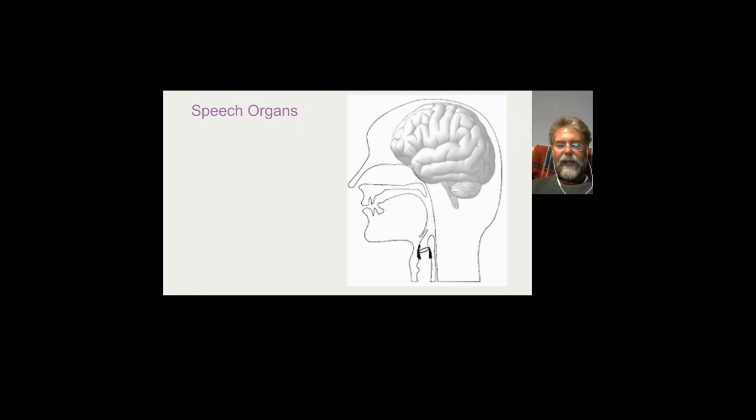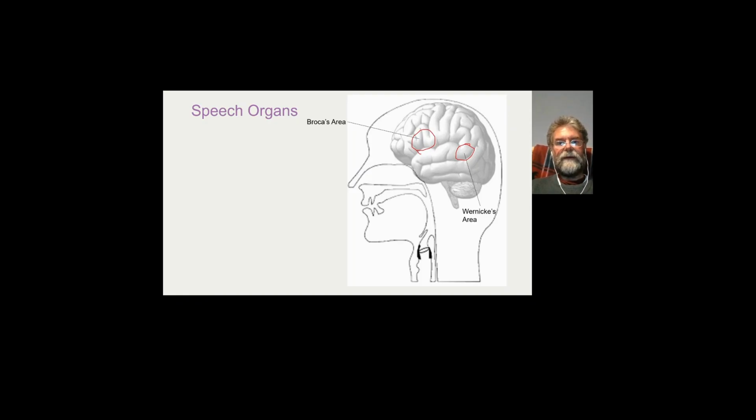There are two main areas that have been identified that are to do with language. One is around about here. It's called Broca's area, named after the person who discovered it. And similarly, there is another area over here, Wernicke's area, again named after the guy who discovered it. And these two seem to be in control of different aspects of language.